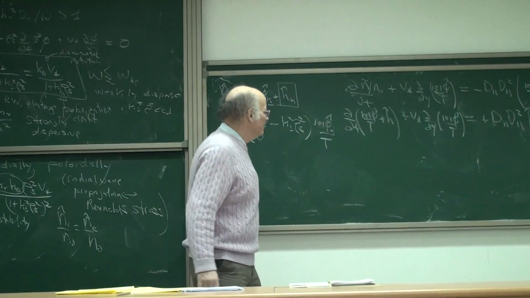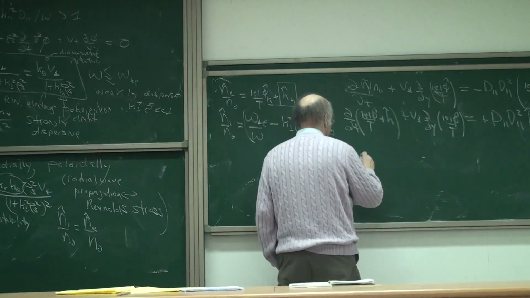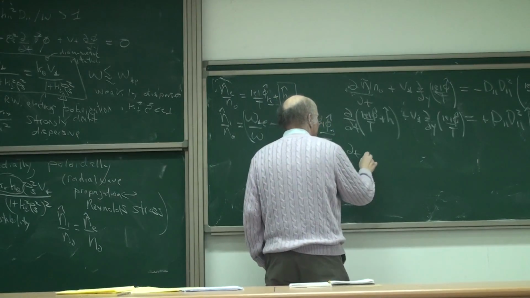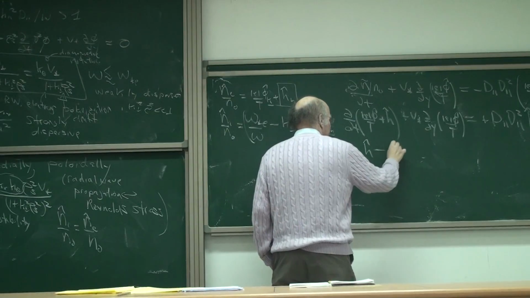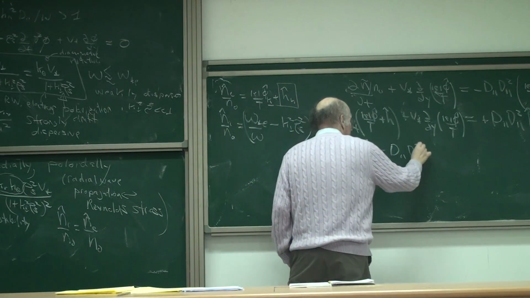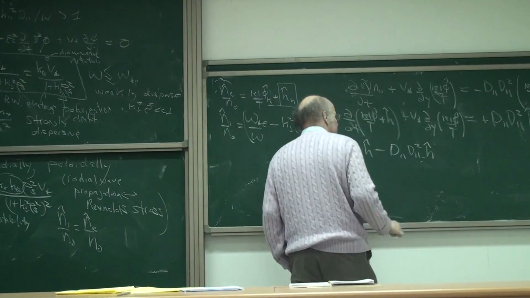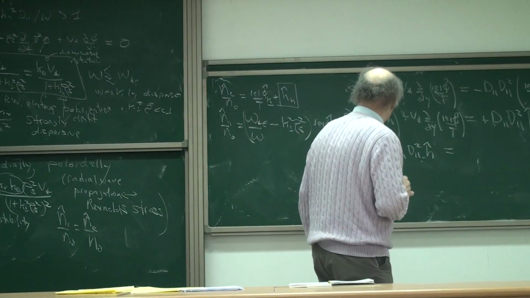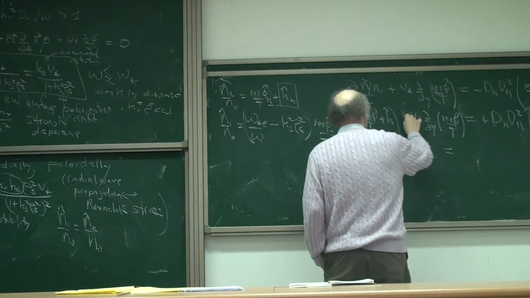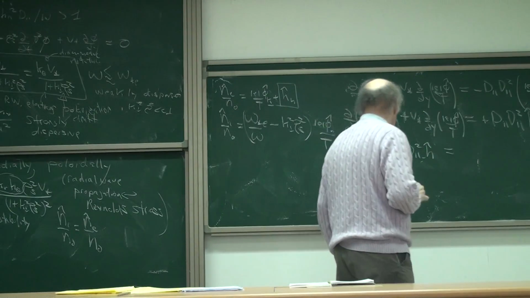So I can rather sneakily write this as d by dt of h minus d parallel del parallel squared of h. And this is a plus, I can bring to the other side.